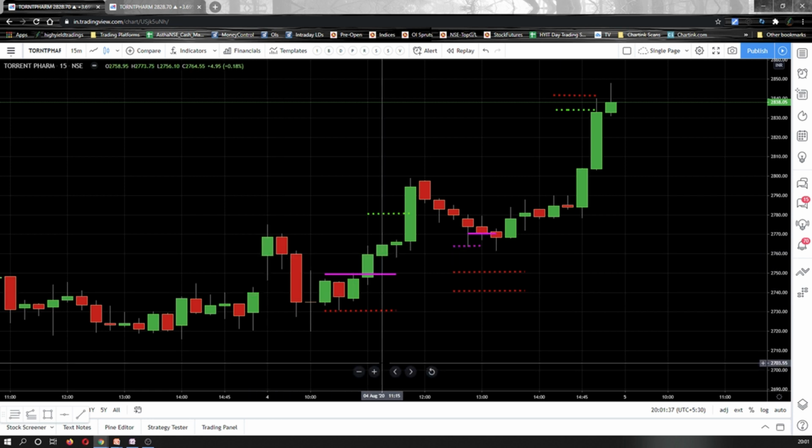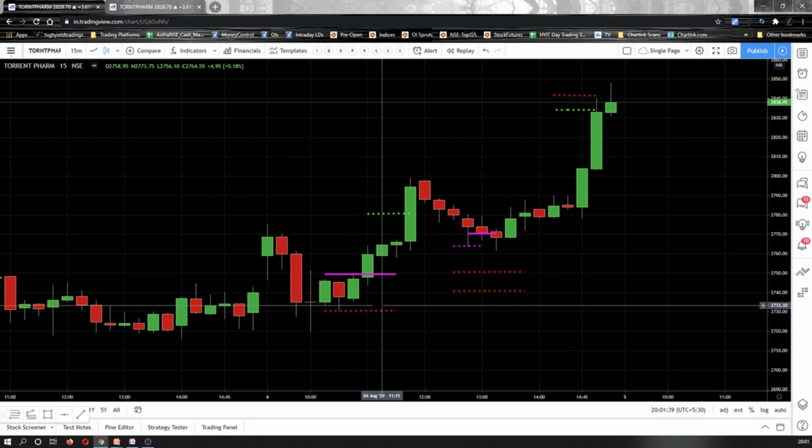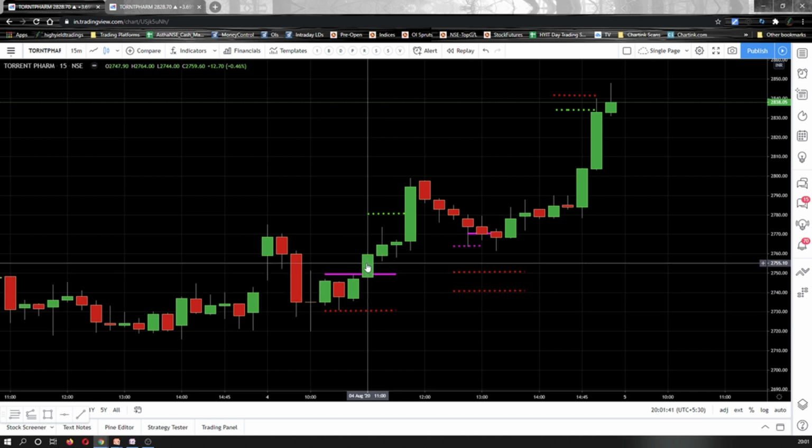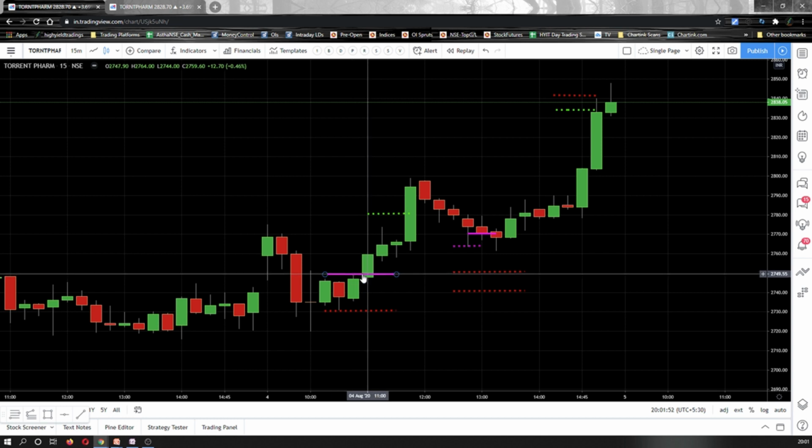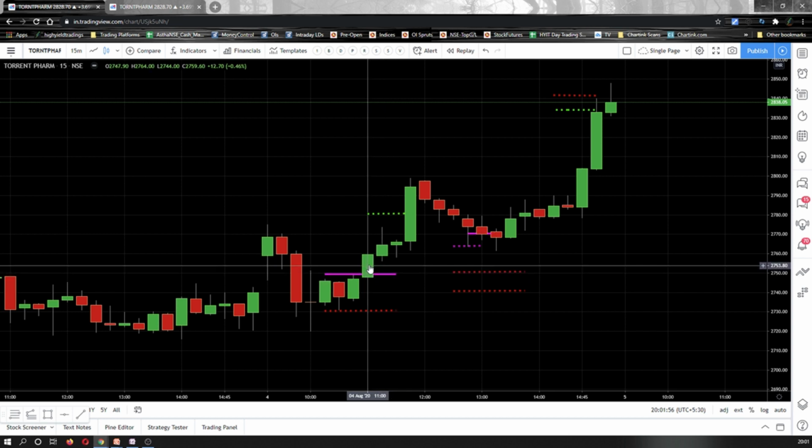Now, according to my technicals, my first entry should have been in the 11 o'clock candle. Because this purple line that you see here is a resistance level that was being shown by my technicals. So this was the resistance level, and when the candlestick breaches this particular resistance level, I would have taken a long entry.